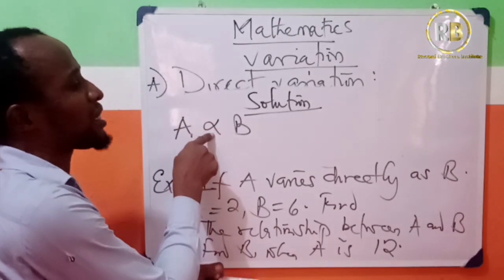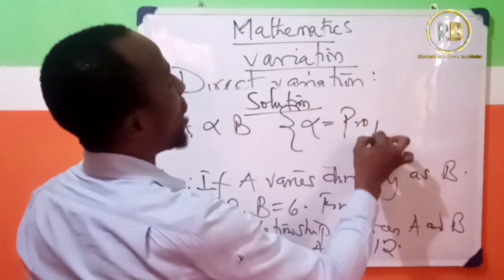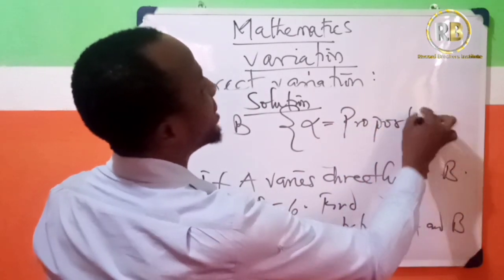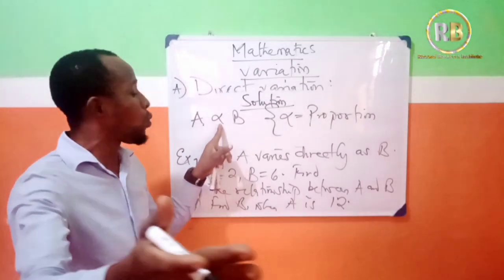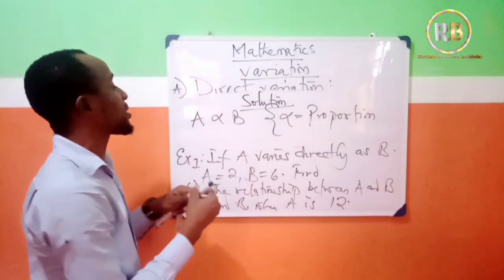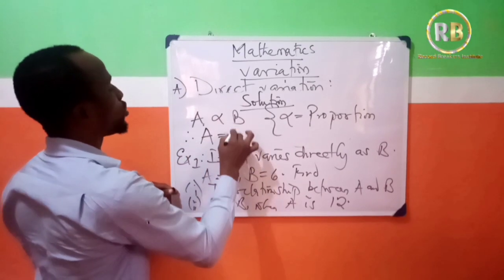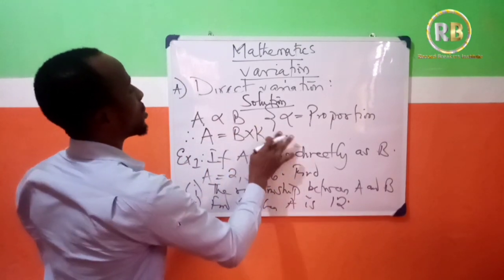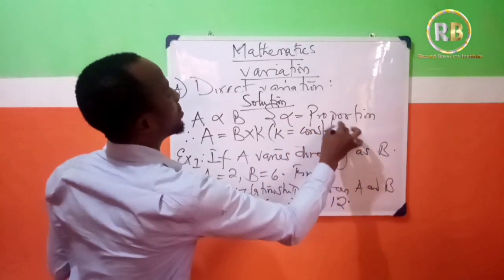The symbol we have here is called the sign of proportion. Now we change the sign of proportion to the sign of equality. Whenever we change the sign of proportion to the sign of equality, we introduce a what? A constant. For this reason, we now say A is equal to B times K, where K is the constant.